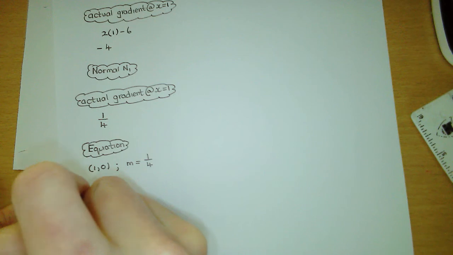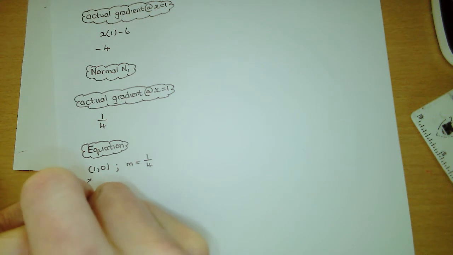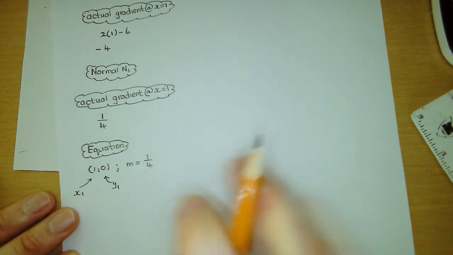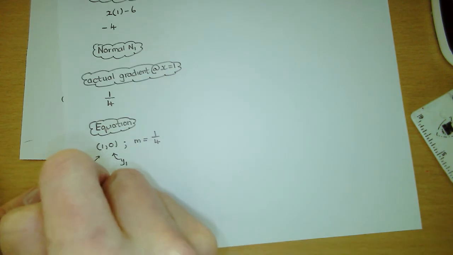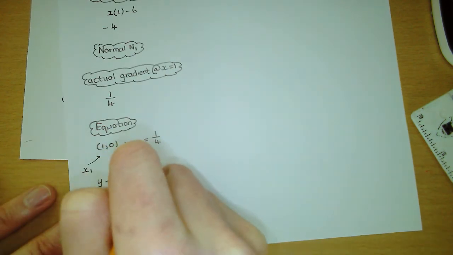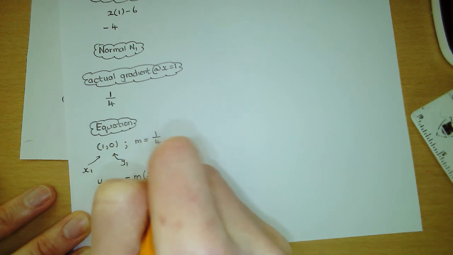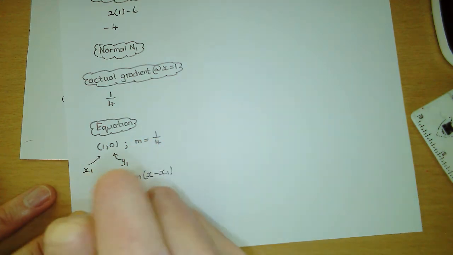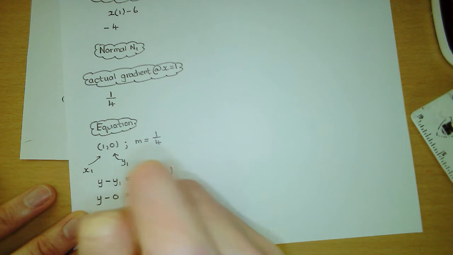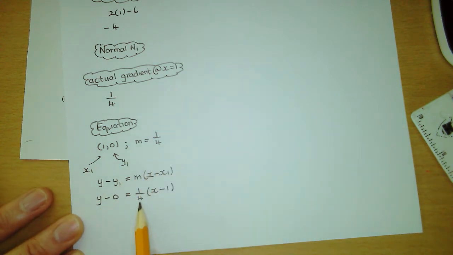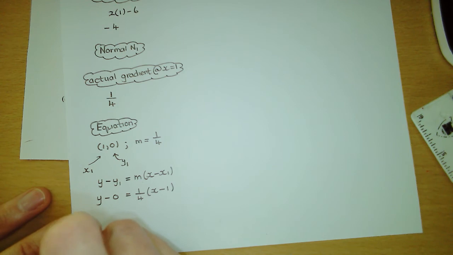Label the point x1, y1, and then sub all the information into the brand new equation of a straight line. Then we're going to multiply through by 4 to clean the denominator.